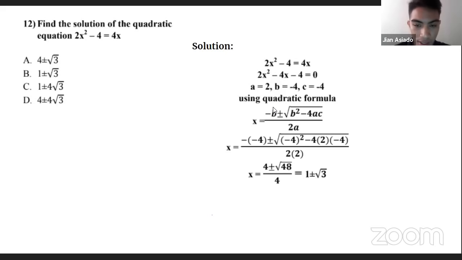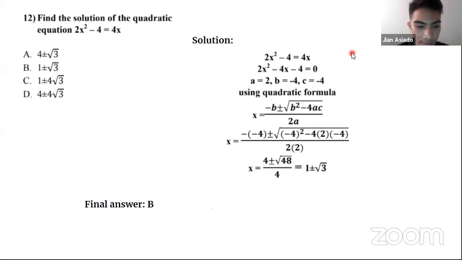Applying the quadratic formula, you can follow this. Plug in values, ito yung values. And then we come up with 1 plus or minus square root of 3. So, the answer is B.